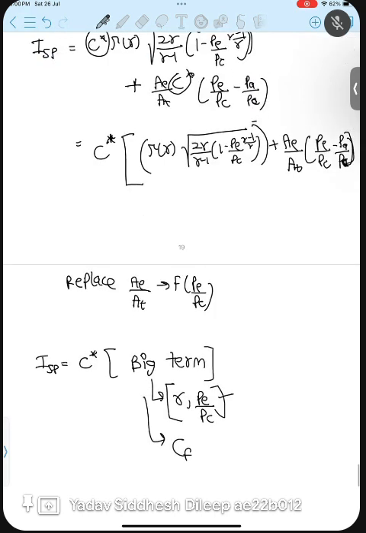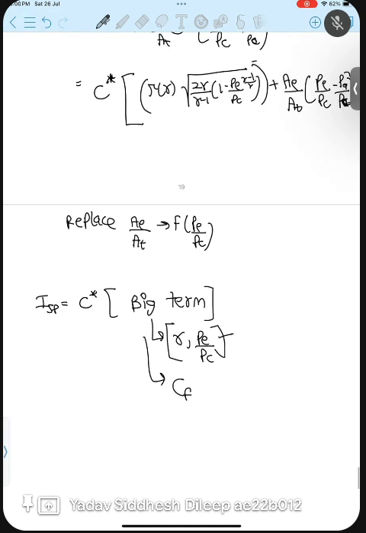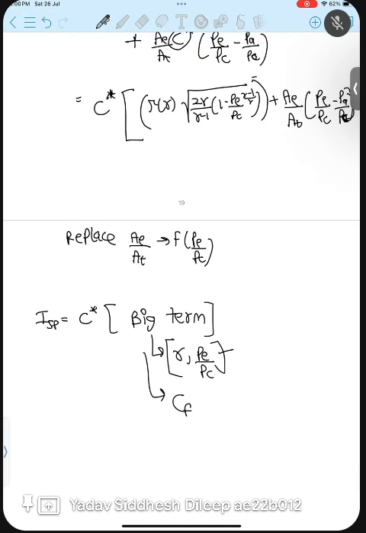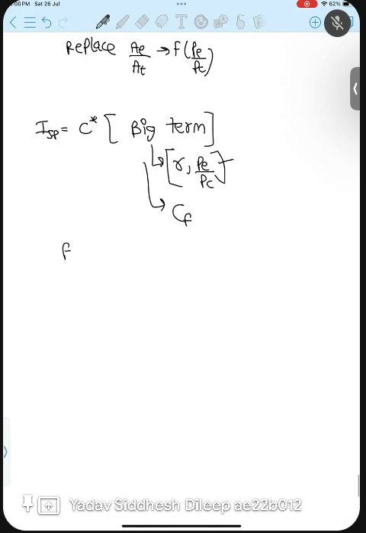Now if you design a particular propellant type and you know the area ratio, that is A by At, and you know the gamma of your gases, I will actually write it down. For your engine, you know gamma and A by At, because of which you know P by PC.